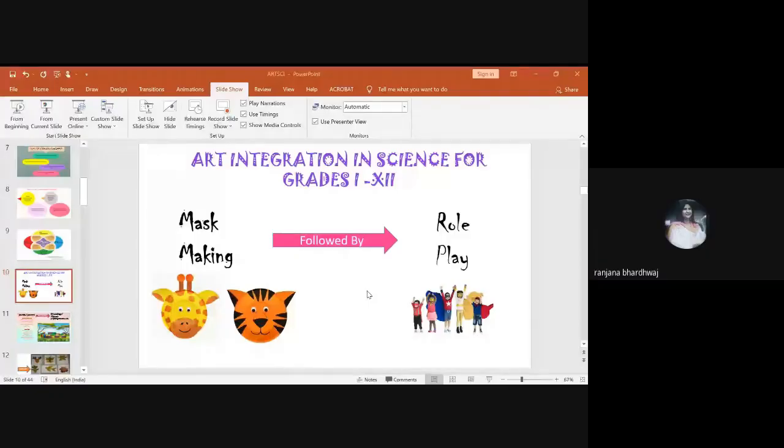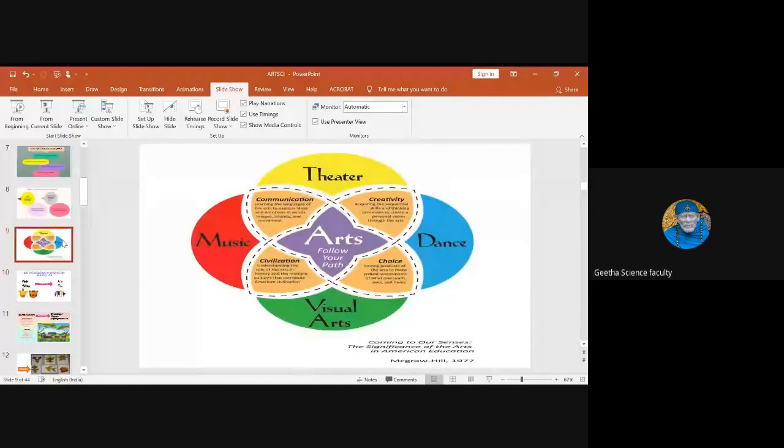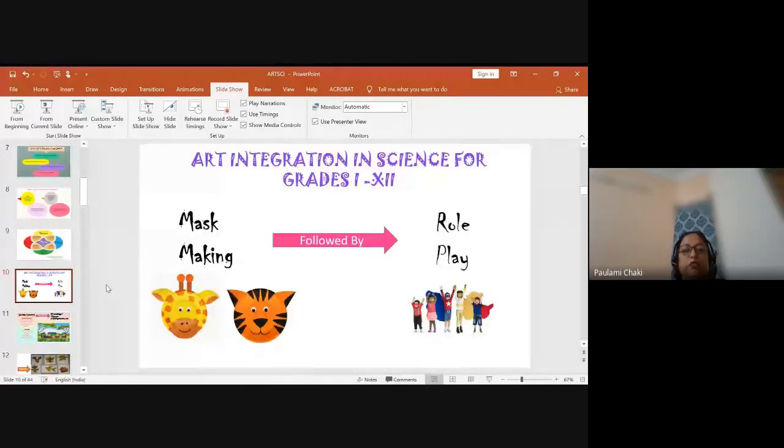Yes, teachers? Yes, ma'am. Can you now see the shifting also? Yeah. Fine. So I will keep in this mode only, because sometimes in Google Meet I have seen when we are making it full screen, the slide doesn't move from one to another. So I hope the slides are pretty much clear to all of you. Yes, ma'am. Thank you, sir.